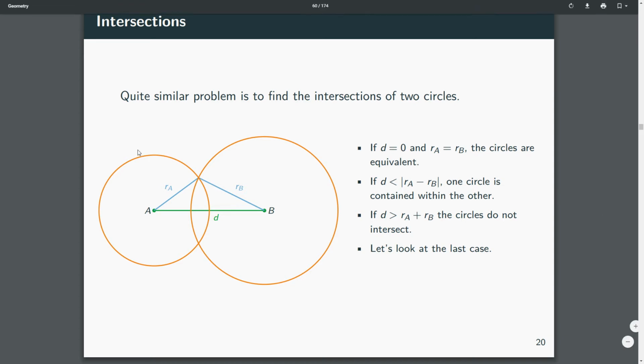They're going to intersect at distance radius a from point A and distance radius b from point B. And you see it happens in two places. Of course, if you pull them a bit apart, they could become tangent with each other. So they just slightly touch at a single point.